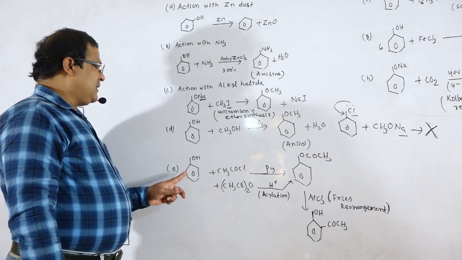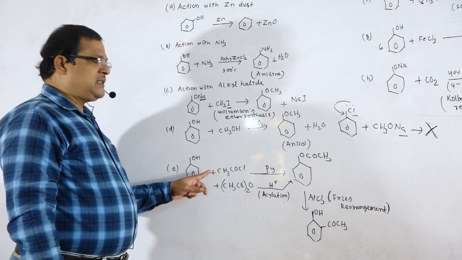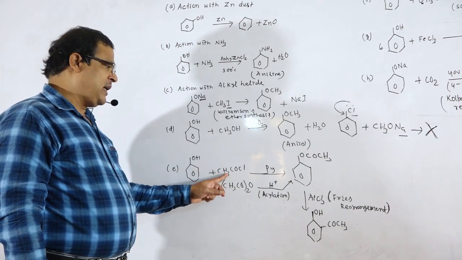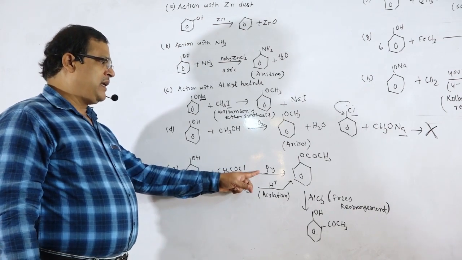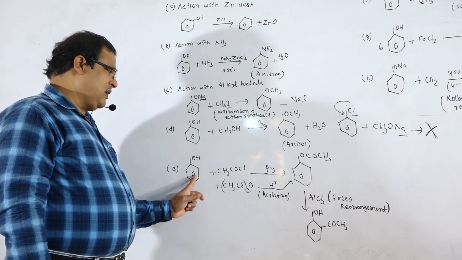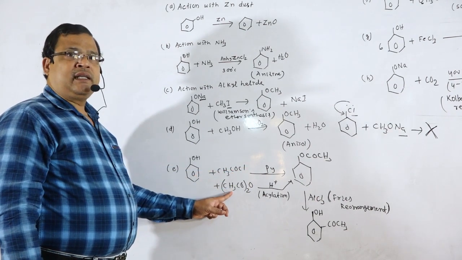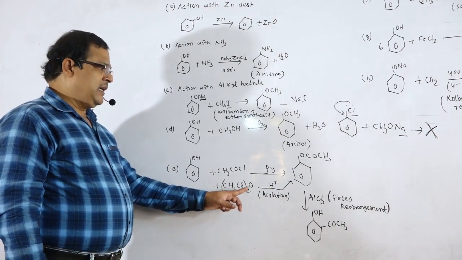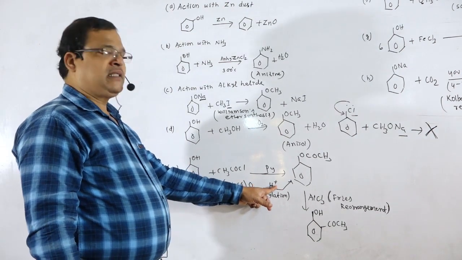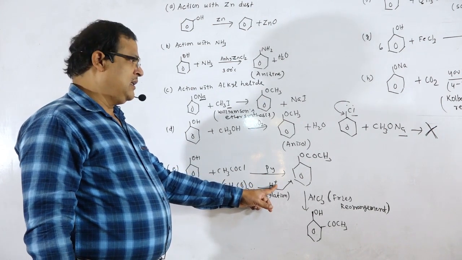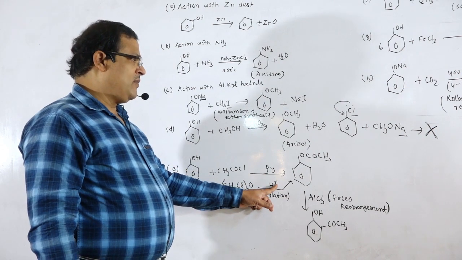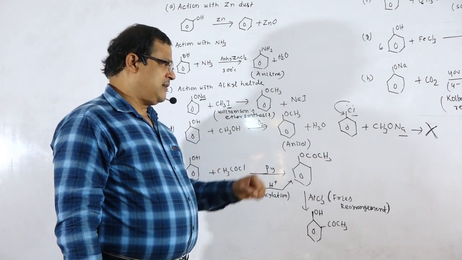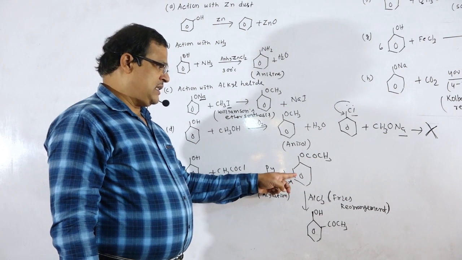So next one, phenol is treated with acid chloride. Phenol that has been treated with acid chloride in presence of pyridine, or phenol that has been treated with acetic anhydride in presence of mineral acid, HCl. So there is the formation of a compound where the benzene ring is attached to OCOCH3.